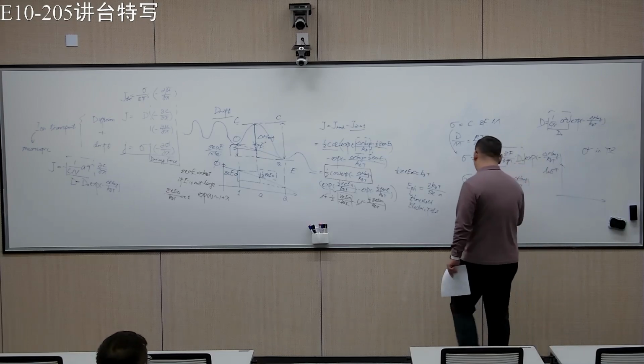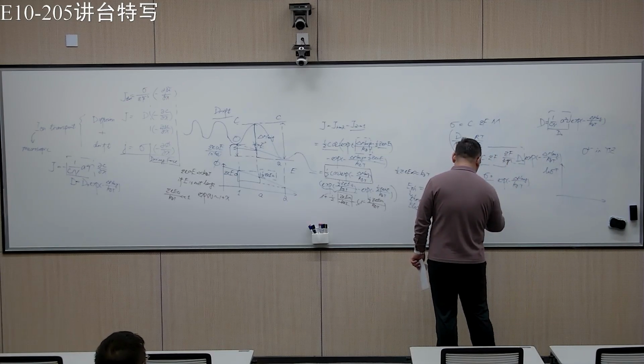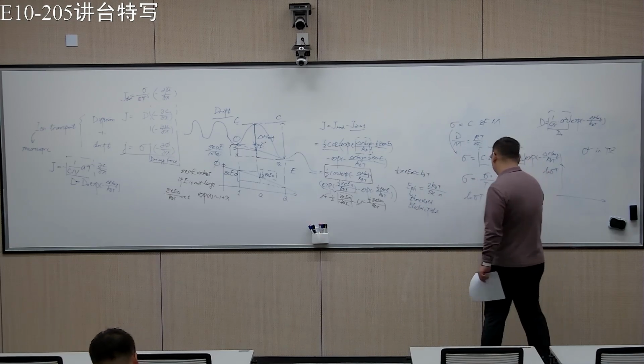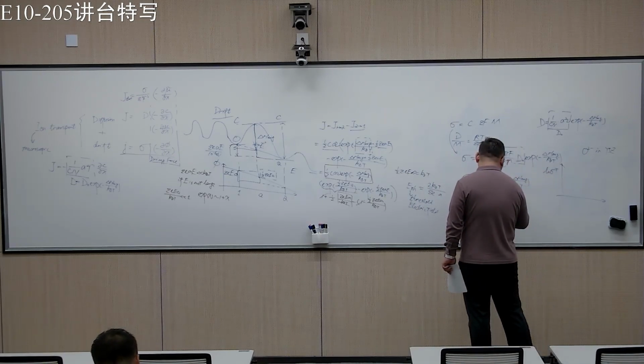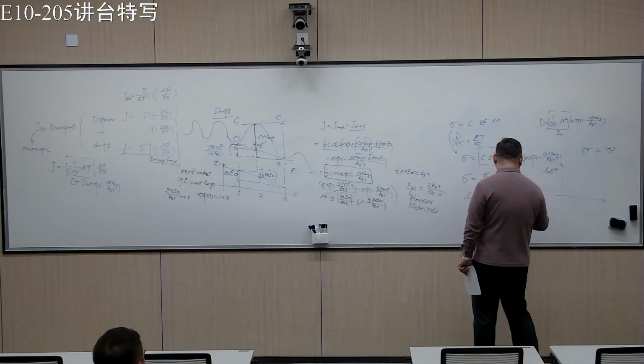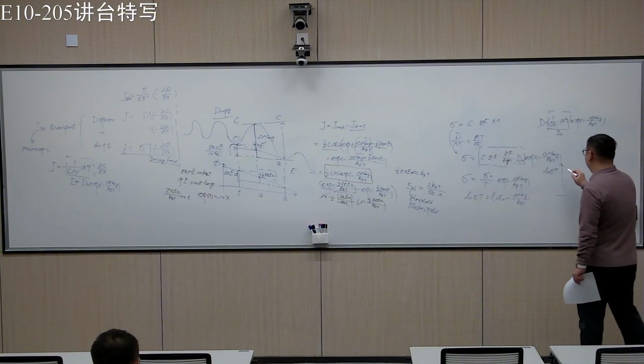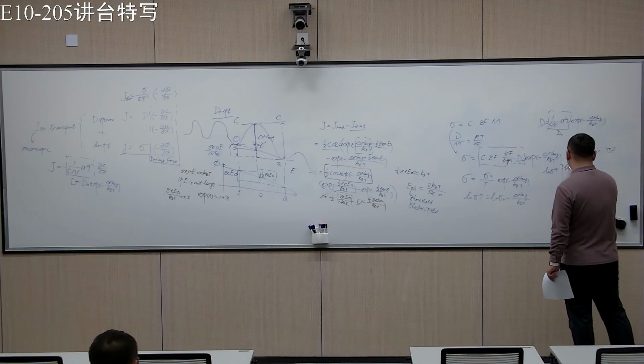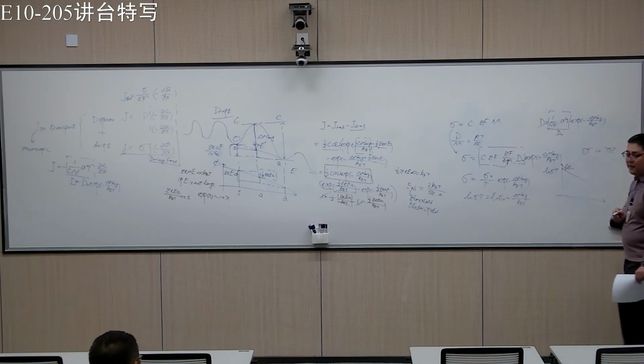So if I say log sigma T, it basically is log T sigma 0, then minus kBT delta migration.